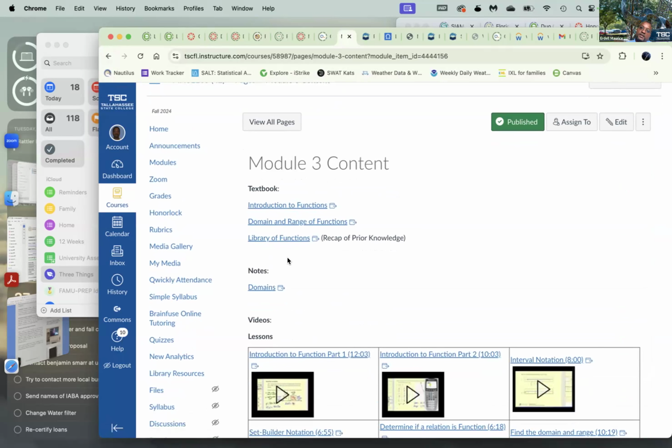We'll learn what a function is, how you find the domain and the range of a function, and then hopefully we can get to our library of functions. So that's kind of where we are.